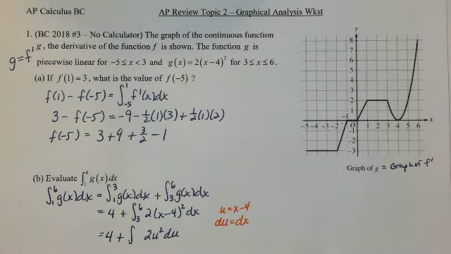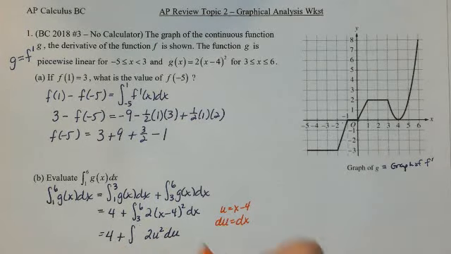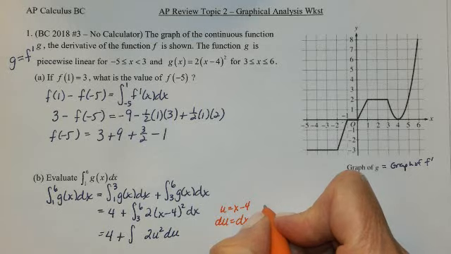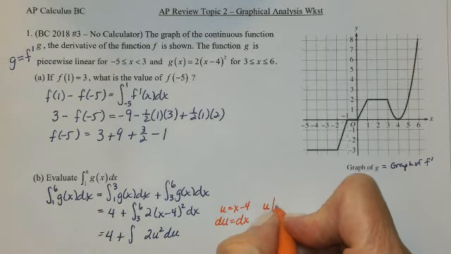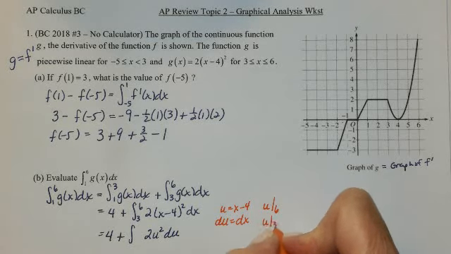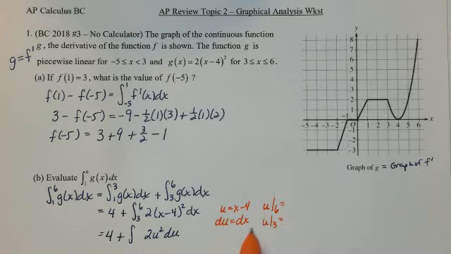And I left the boundaries empty for a second because I cannot put 3 and 6 here, because 3 and 6 are x values, and I need to make these u values if I'm writing this integral in u's. So I need to find u when x is 6, and I need to find u when x is 3 to get those boundaries.